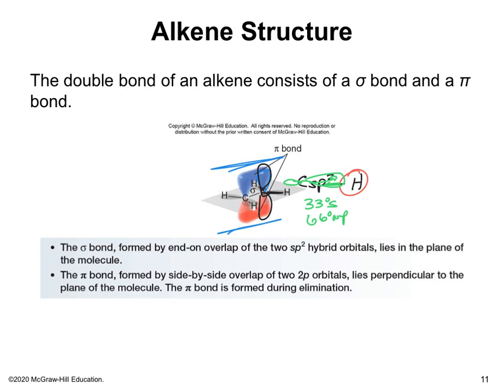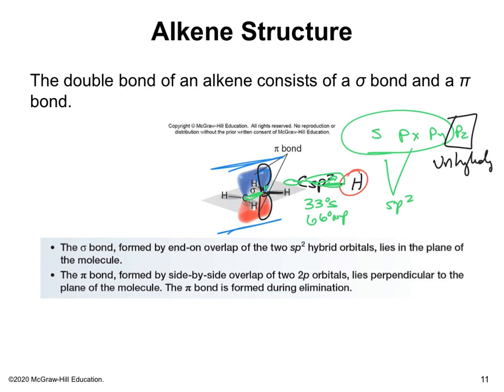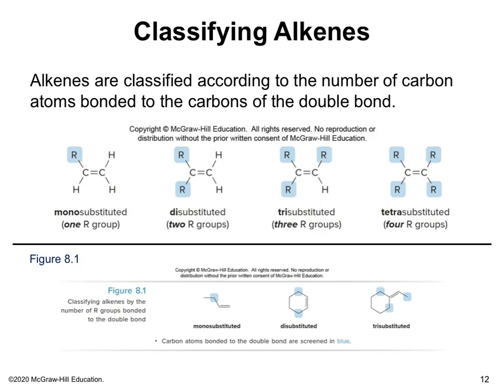And since sp2, you know you have an s, and then you have a px and a py and a pz in your atomic orbitals. And if you take 2 p's and 1 s and you do this to make this shape here for these, then you're left with a p orbital, and we call this an unhybridized p orbital. And so that is what constitutes a pi bond. You have to have this overlap, and those electrons can be there in the pi bond.